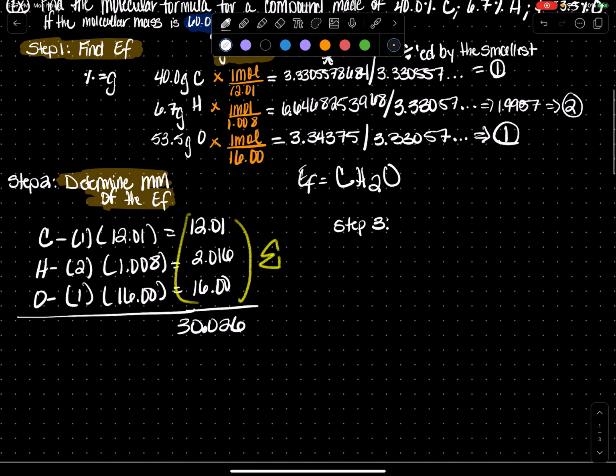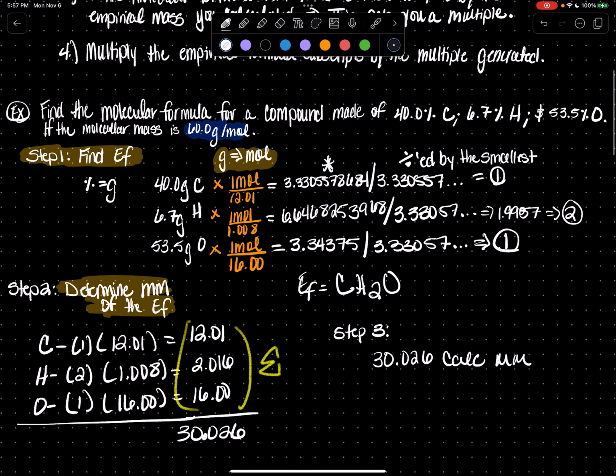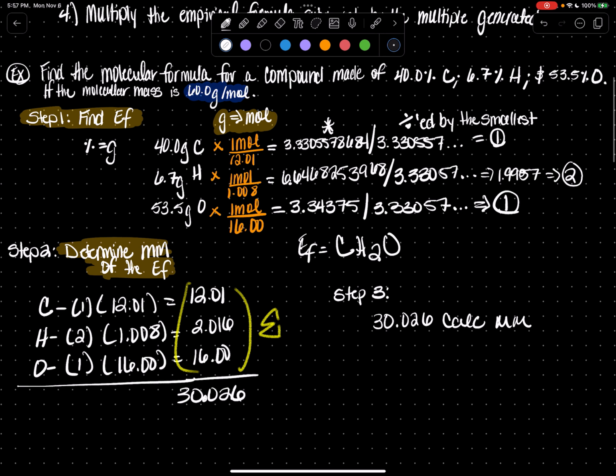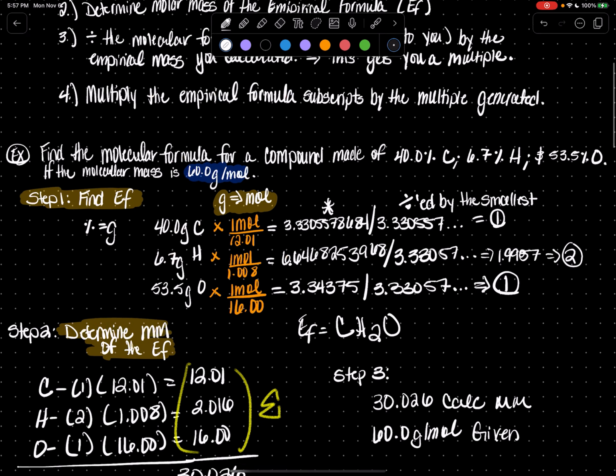So let's see, I calculated 30.026 as a calculated value. I'm going to remind myself that's my calculated molar mass. And what was the value given to me? I was given 60.0 grams per mole as a given value.